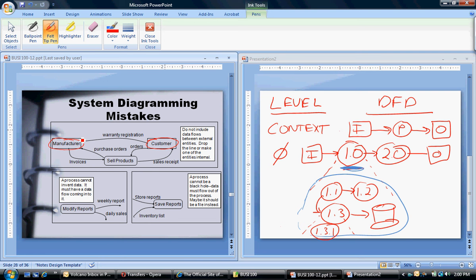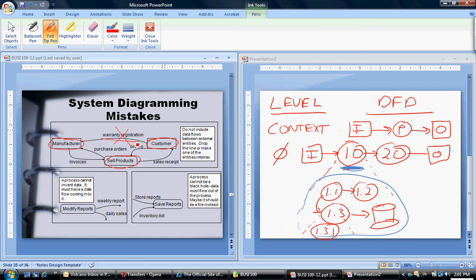And we're communicating with a warranty registration. Now in the real world this might actually happen. I might mail in a warranty registration card. But it has nothing to do with the process that is called sell products. So sell products is what we care about, and this is what we have to expand upon. So this line up here would be invalid.